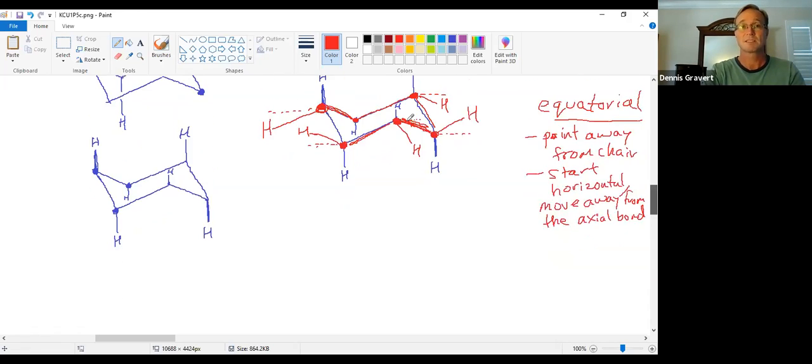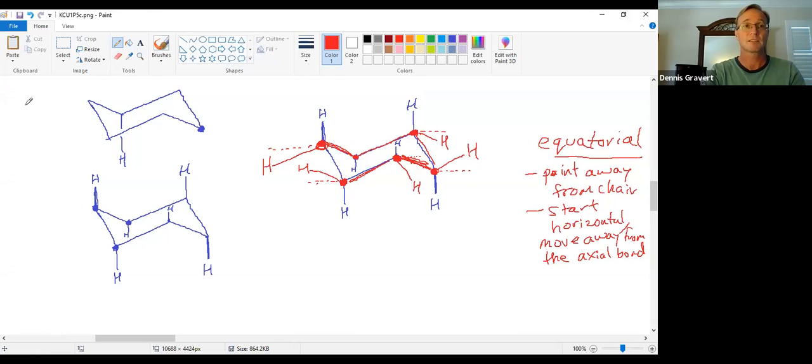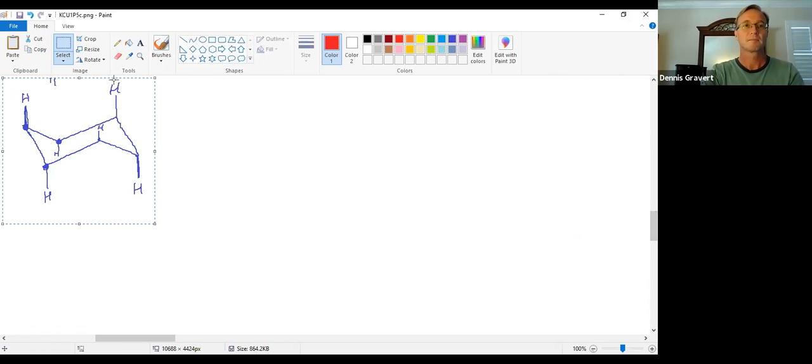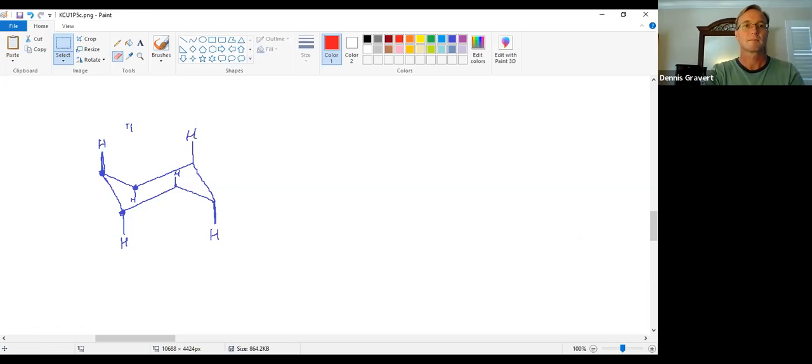Okay, let's copy and paste this one, because this one is messy with all those horizontal dotted lines. Let's go around real quickly. I want to be away from the center, parallel to the seat of the chair.